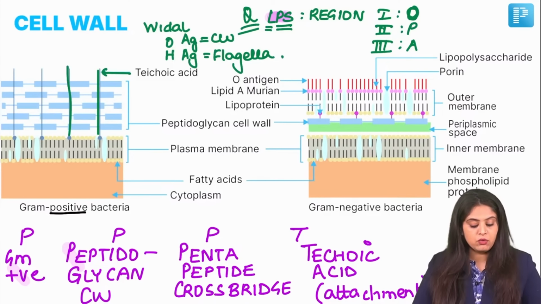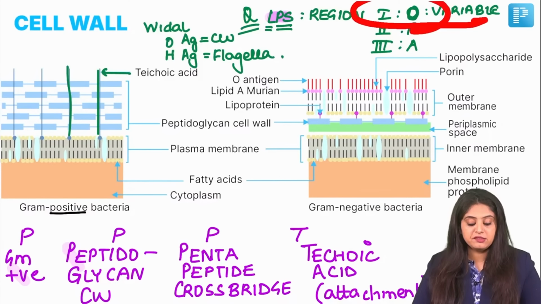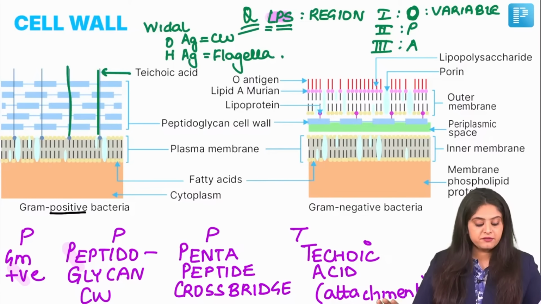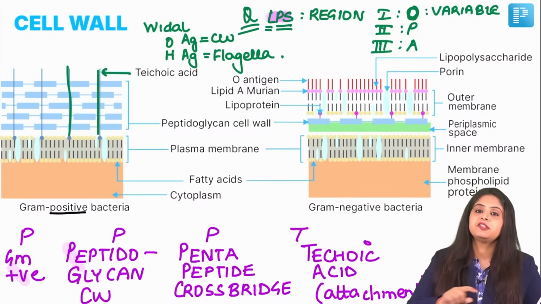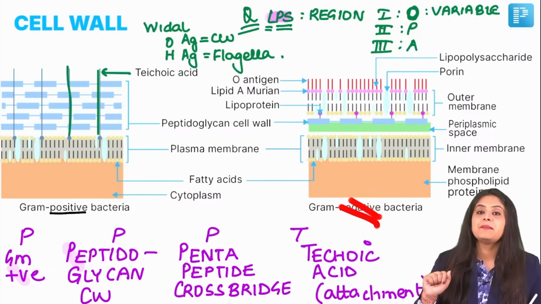So now coming to O antigen, in fact, the most variable part of any gram negative cell wall, because you will say that, ma'am, if every gram negative organism has the same antigen, then all the bacteria should be the same. Why are there different gram negative bacteria? When the antigen is the same, then why did you waste 3 hours of our life teaching us gram negative organisms?